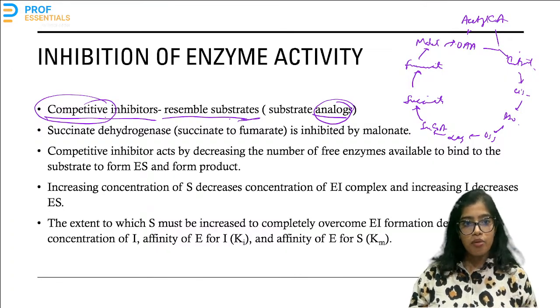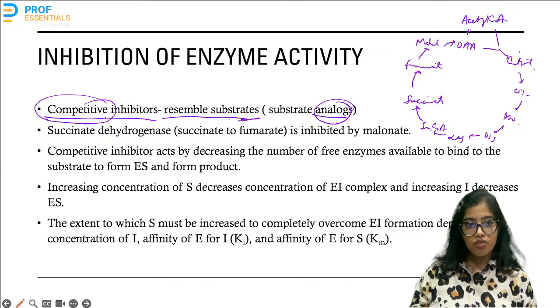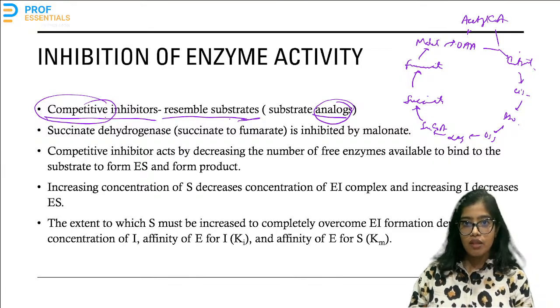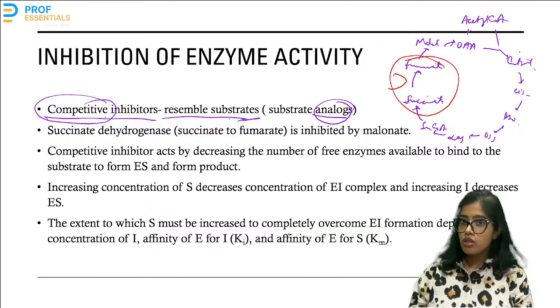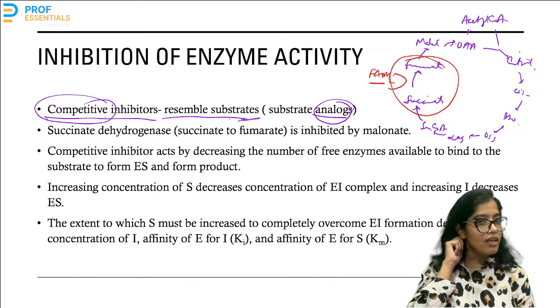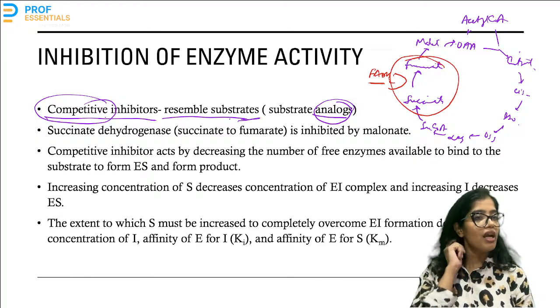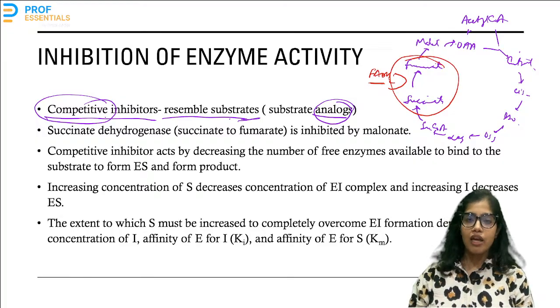Now this step where succinate changes to fumarate, in this step FADH2 is produced. This is flavin, flavin adenine dinucleotide.